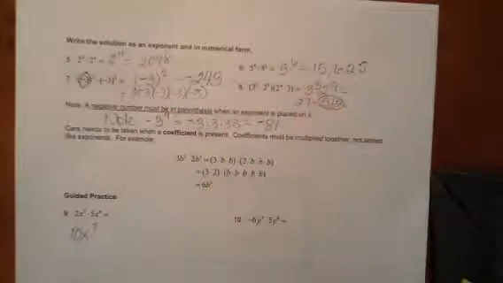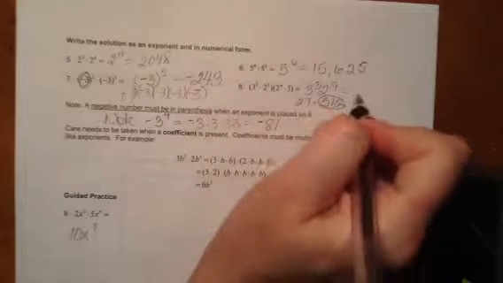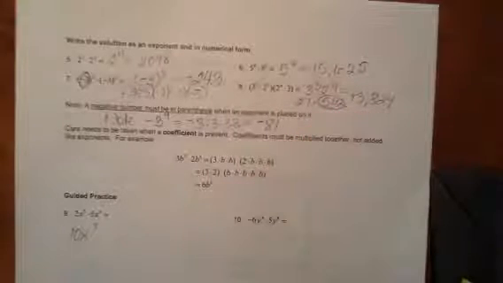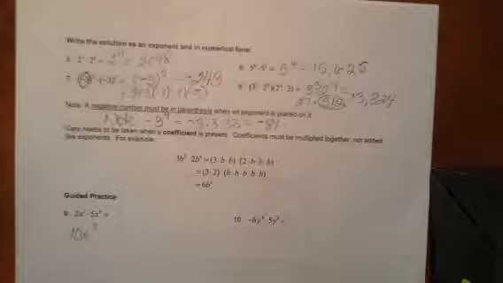And this is 512. Go back up here to the top. So we have 27 times 512, which again is a very large number, 13,824. And you can do that all in one step in your graphing calculator.